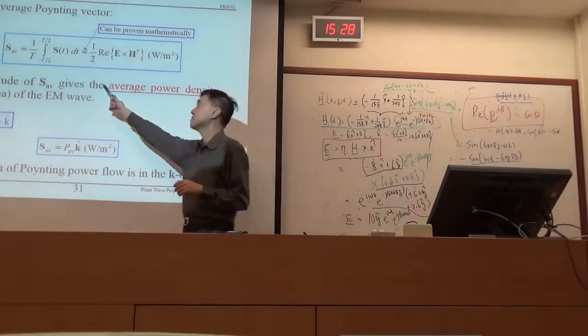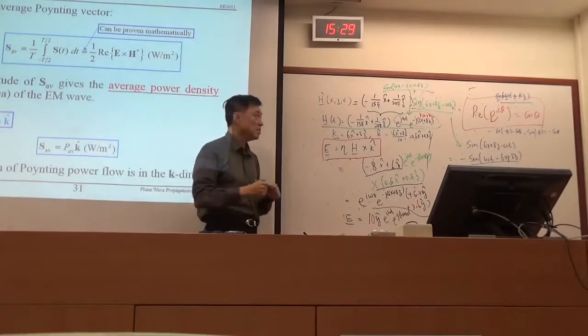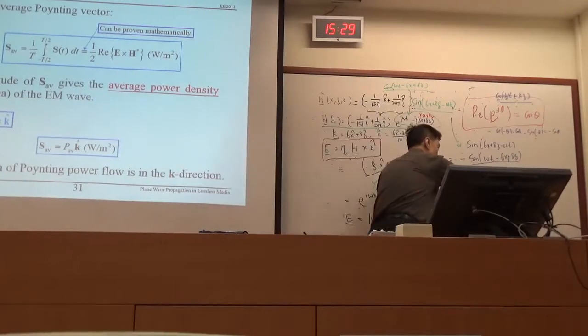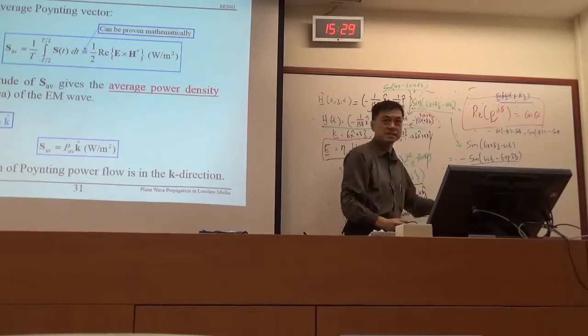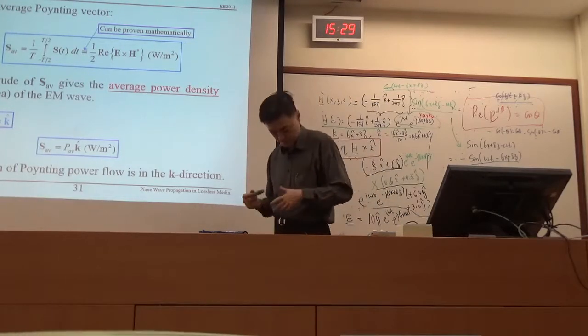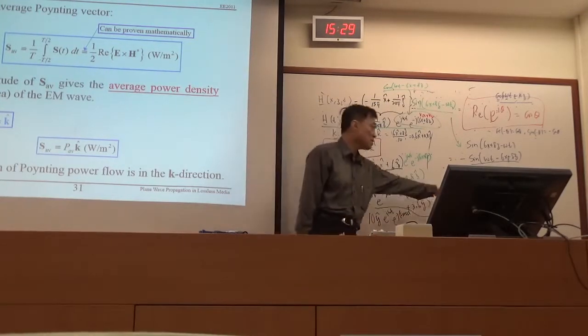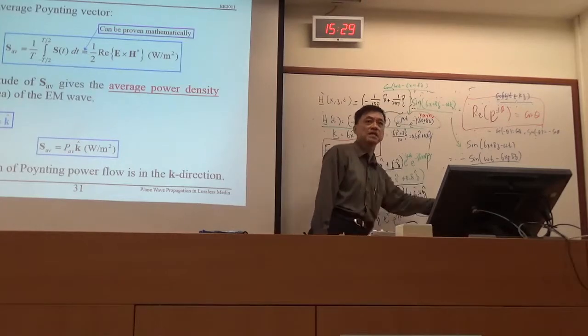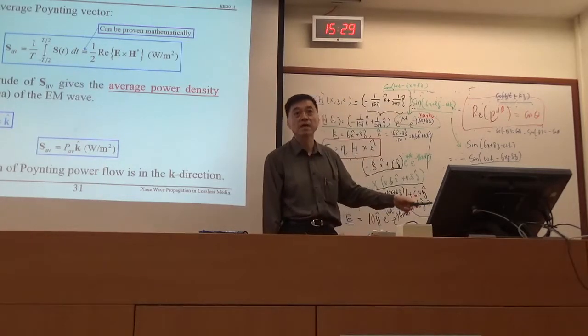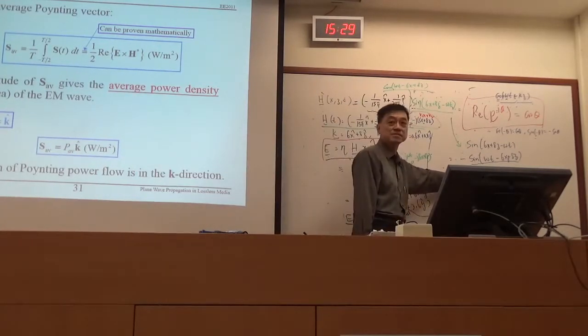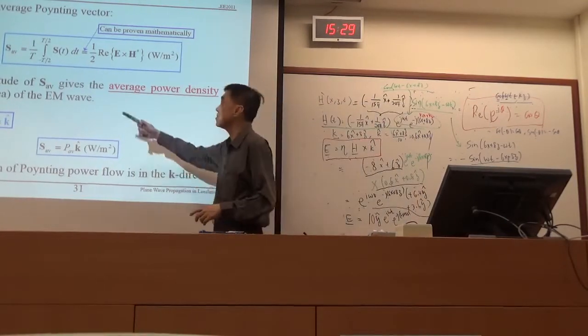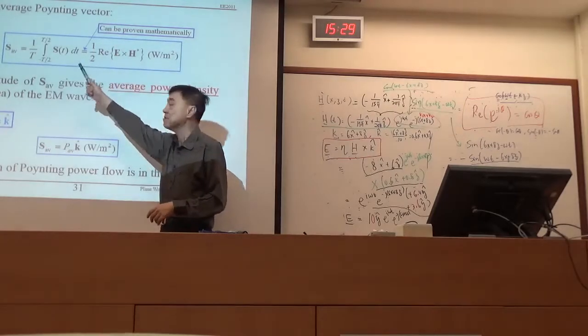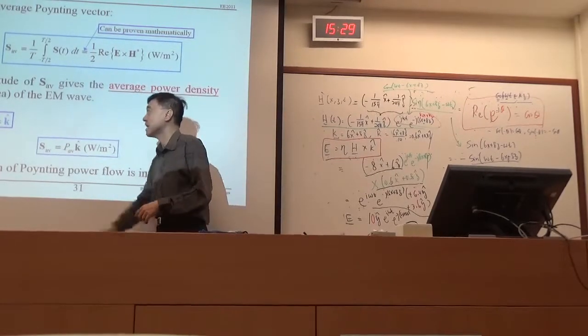Now, where does this half come from? This half comes when V is a peak value. If it's an RMS value, this half is not there. Now, for the electric field, of course, we are denoting peak values E and H, so the half is there.